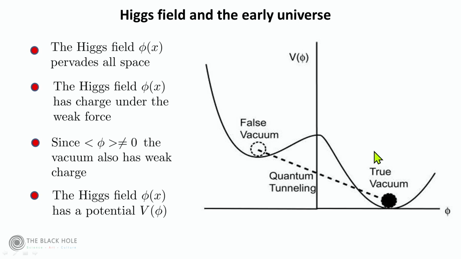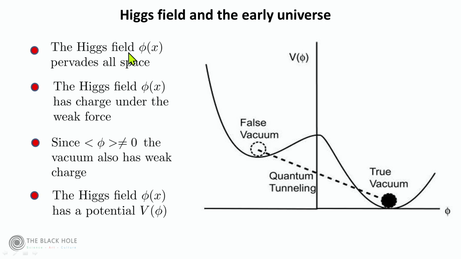We will spend quite a lot of time on the Higgs field and the early universe. So the Higgs field, as you know, is a scalar field that's there all over space. It doesn't have electrical charge, but it has weak charge, and it's everywhere, and its expectation value is non-zero.